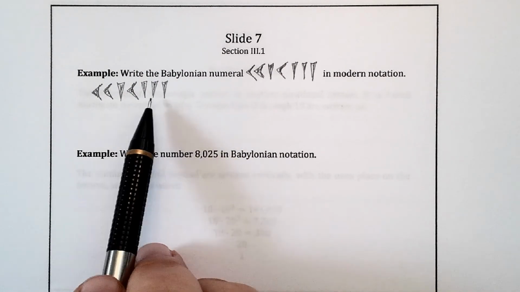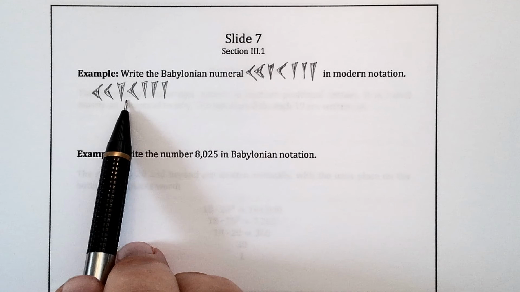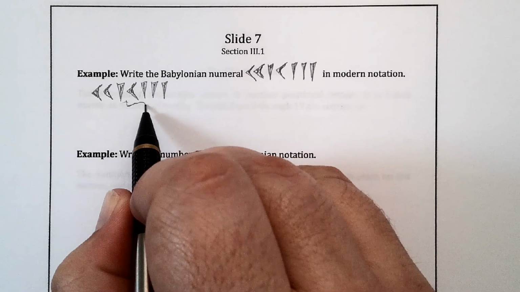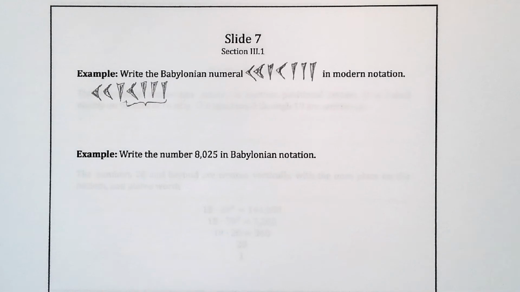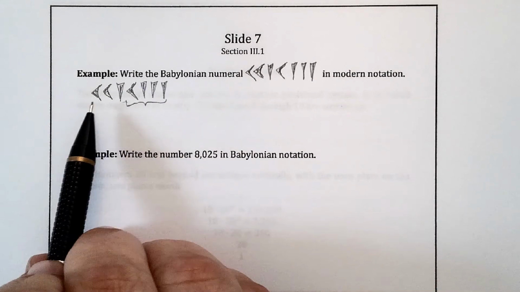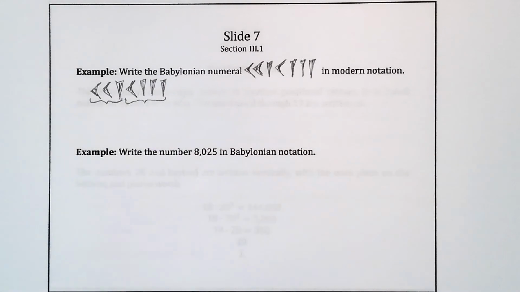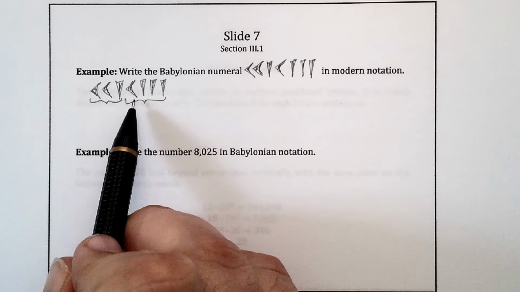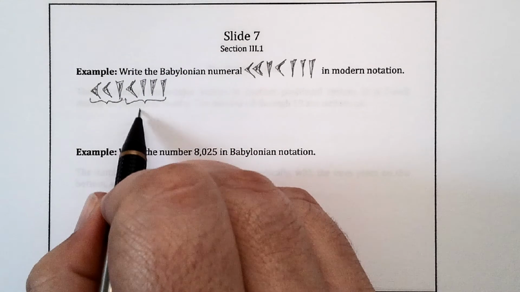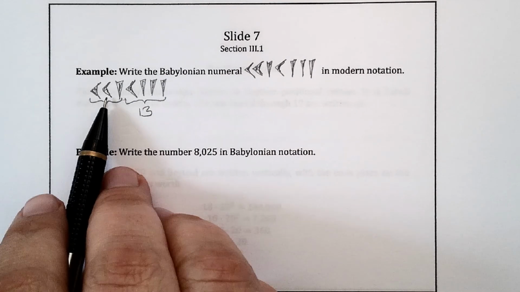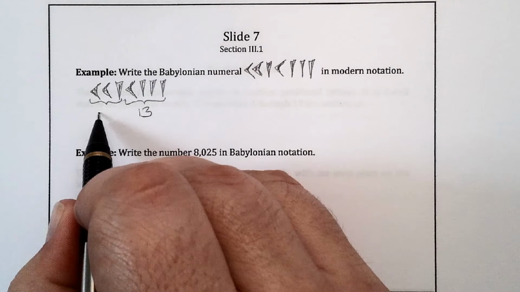I've got wedges, a crescent, and then it changes again. So this is the ones place. And then I've got wedges, crescents. That's the 60s place. In the ones place, I have 13. In the 60s place, that's two tens and a 1, so that's 21.